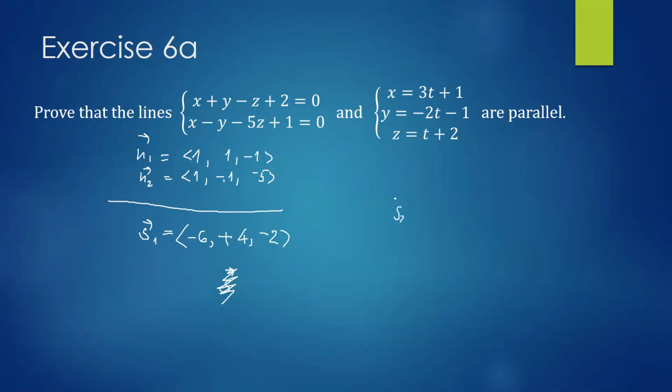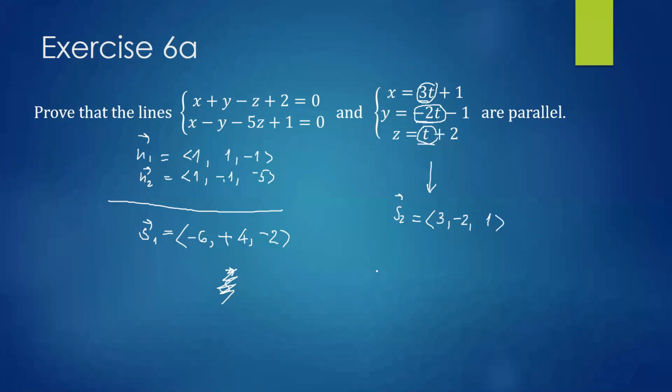And the direction vector of the second line is, careful, you have to use the coordinates at t. You see, these are the values of m and p. Not 1, minus 1, 2, but the parameters, the coefficients at t. So it will be 3, minus 2, 1.